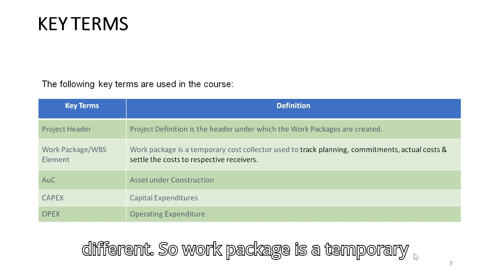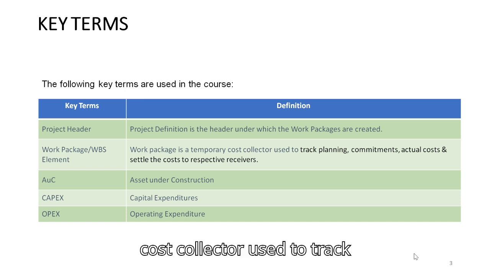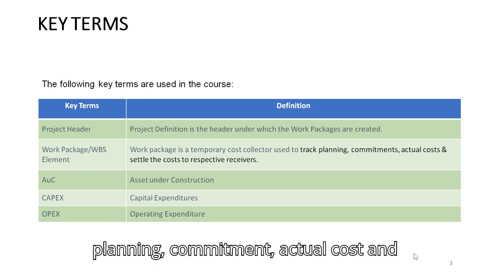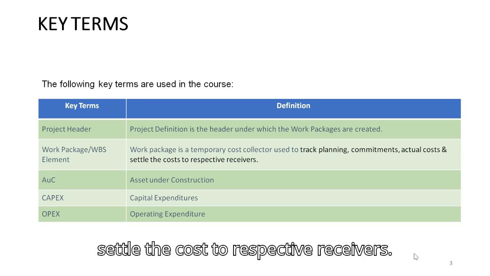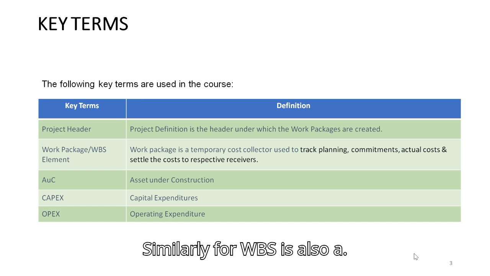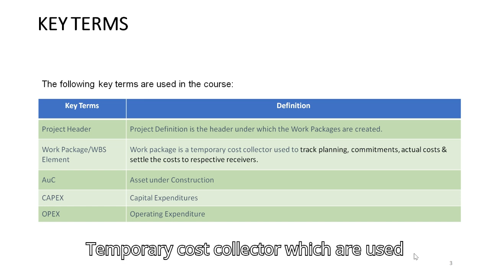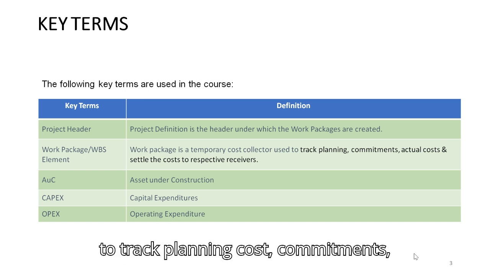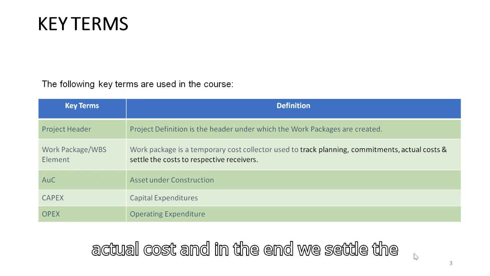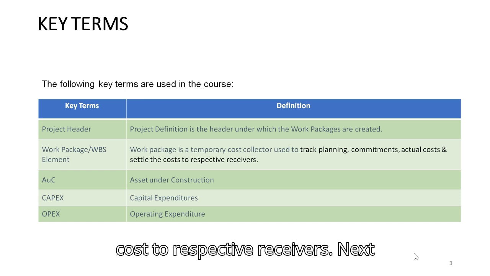A work package is a temporary cost collector used to track planning, commitment, actual cost, and settle the cost to respective receivers. Similarly, WBS is also a temporary cost collector which is used to track planning cost, commitments, actual cost, and in the end we settle the cost to respective receivers.